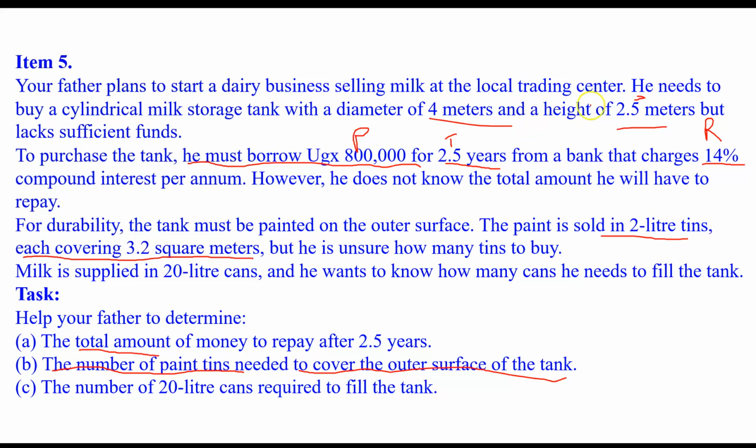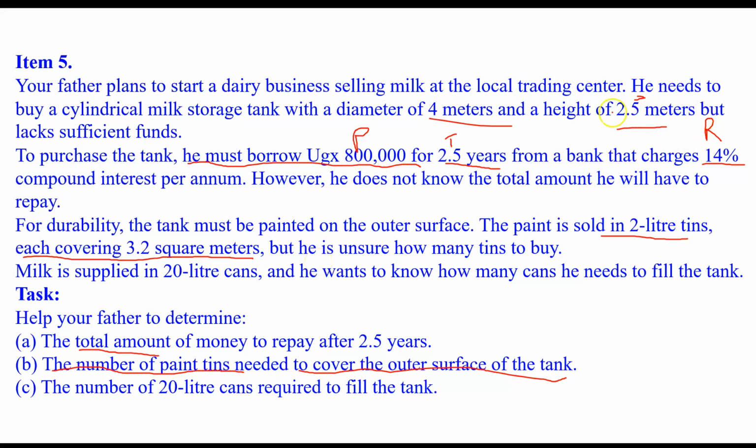So if we can know the number of square meters that make the surface, since each tin with 2 liters covers 3.2 square meters, then we can know the number of tins.